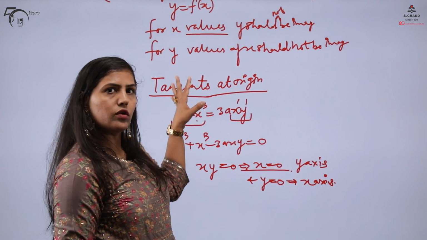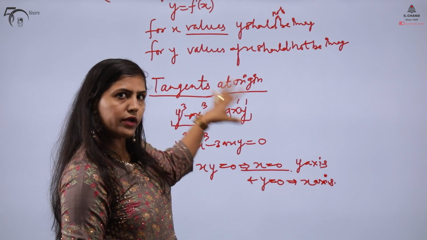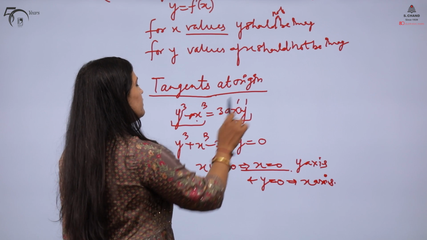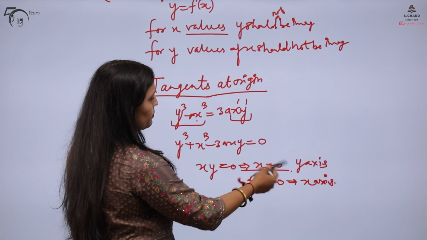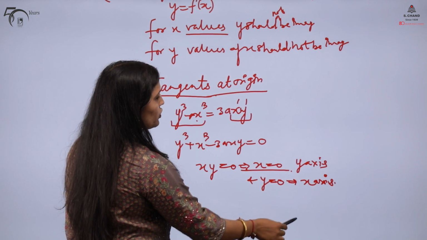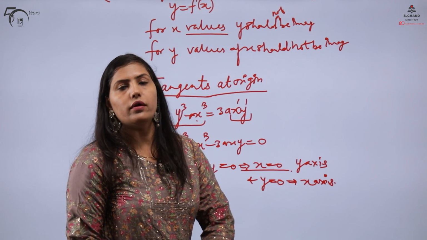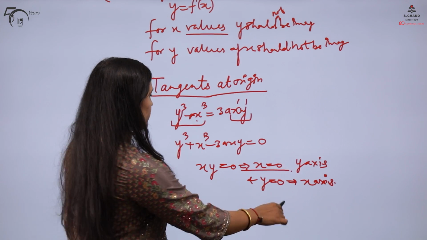It's not that only the tangent at the origin is important, the tangent at every point is important, but the rest of the points we have already discussed. At the origin I have told you the simplest method: simply put the lowest degree term equal to 0. So these are the points you should remember when you come to tracing a curve.